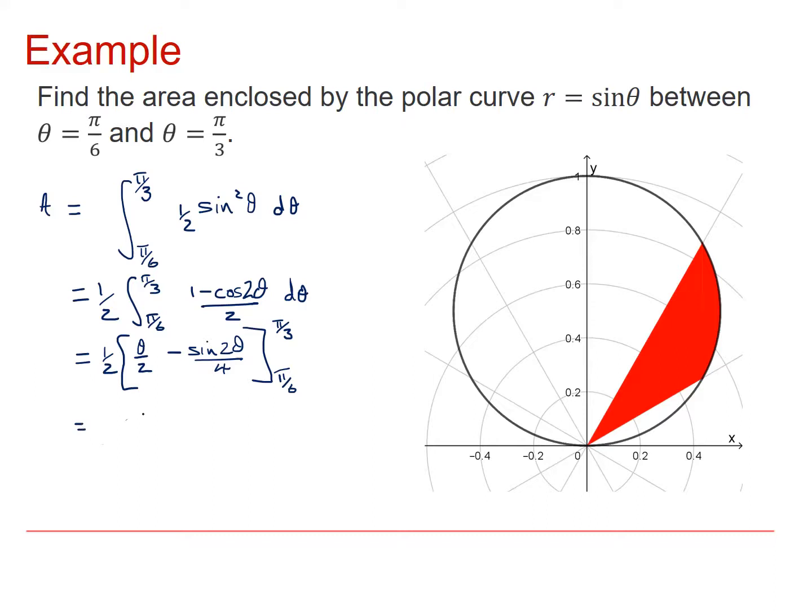Sticking those limits in then, I'm going to get a half of pi by 6 minus root 3 over 8 from the upper limit, and then from the lower limit I'm going to get pi by 12 minus root 3 over 8.